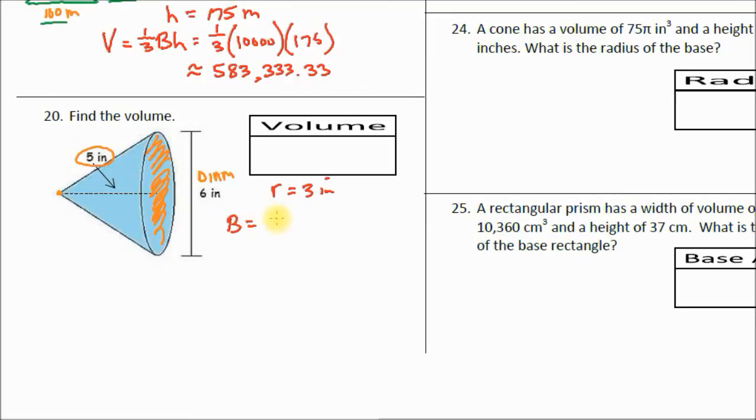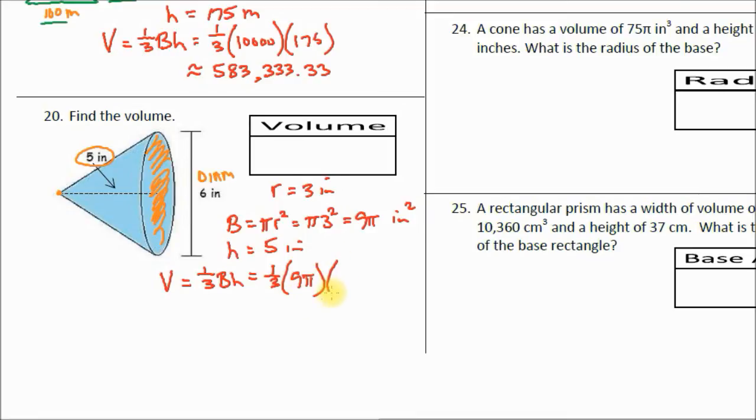The base of a cone is pi r squared, which is pi 3 squared, which is 9 pi inches squared. Our height, we already circled it, is 5 inches. Remember now, the volume of a cone is like a pyramid. It's 1/3 times the base area times the height. 1/3 times 9 pi times 5. Of course, this is going to be an estimate because we're going to have to put pi in here.